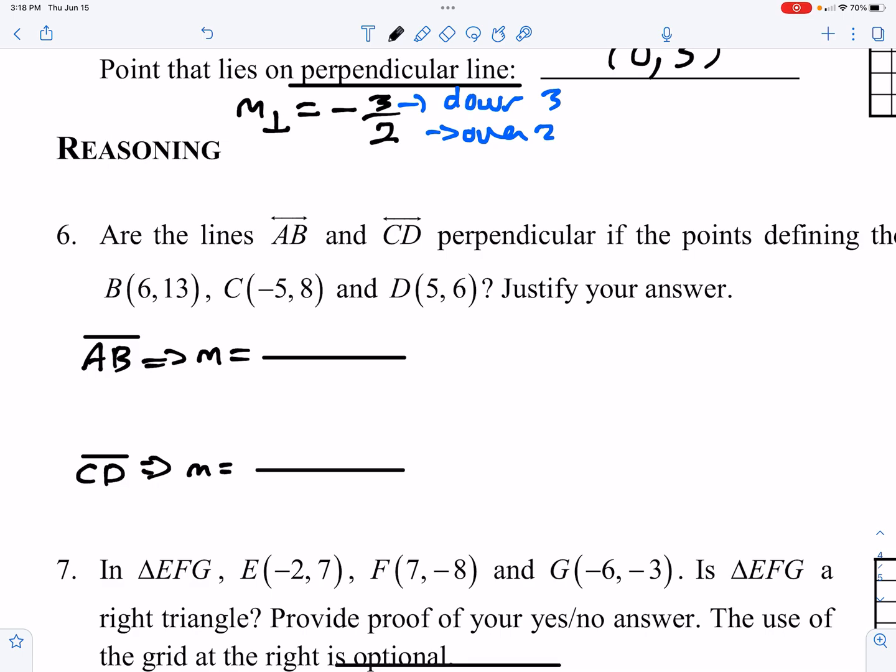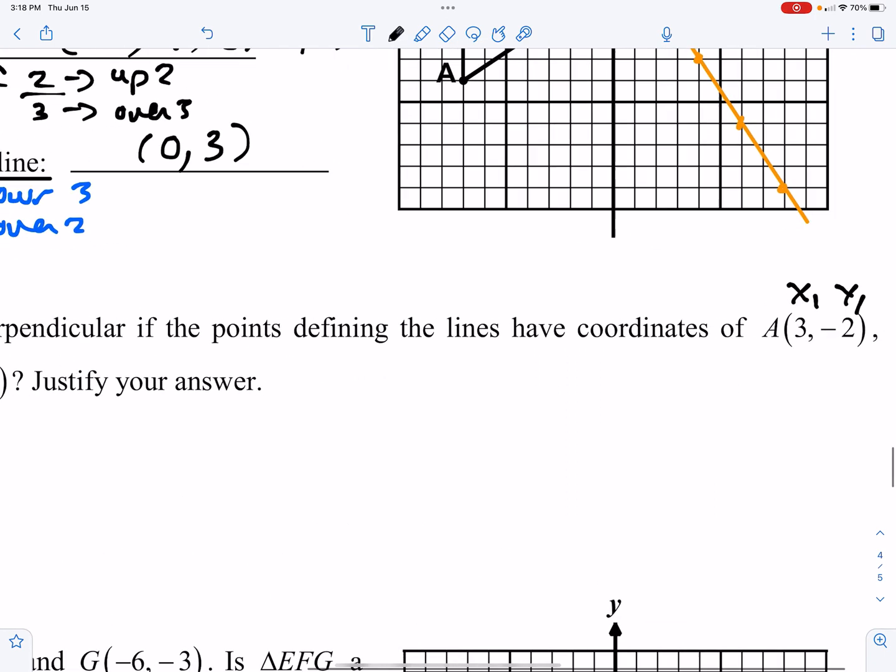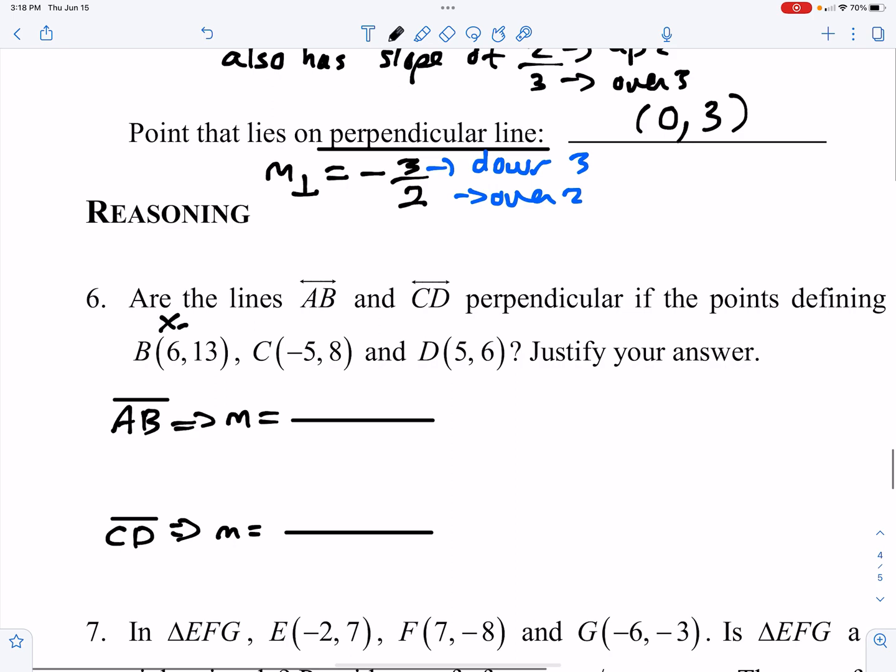So the equation is y2 minus y1 over x2 minus x1, and for CD, do the same thing.